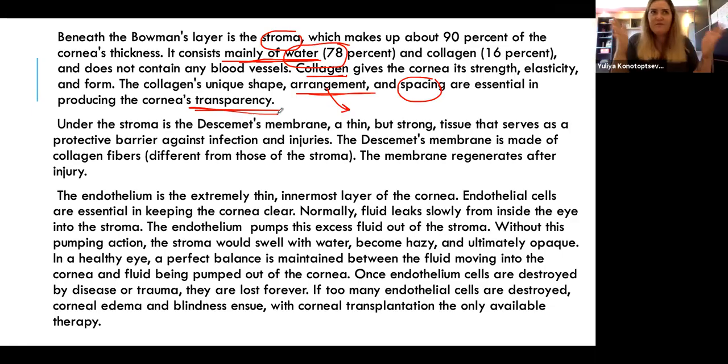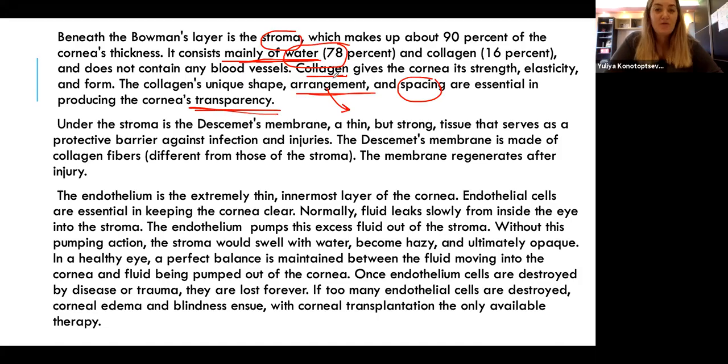The cornea is very transparent. I can see everything through it. Yet collagen type 1 is the thickest collagen there is. If I simply put a bunch of collagen type 1s together, I'll make skin and bone, which is not transparent. So how is it that the cornea is transparent even though it has the same collagen type 1 in it?